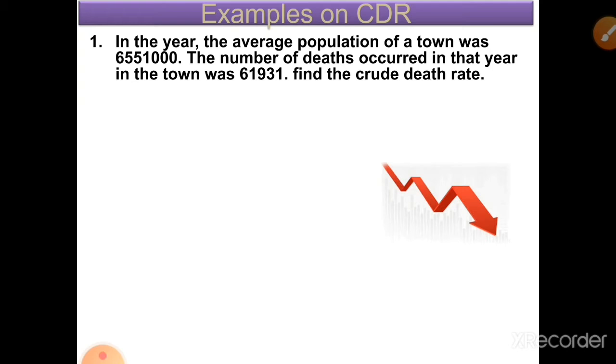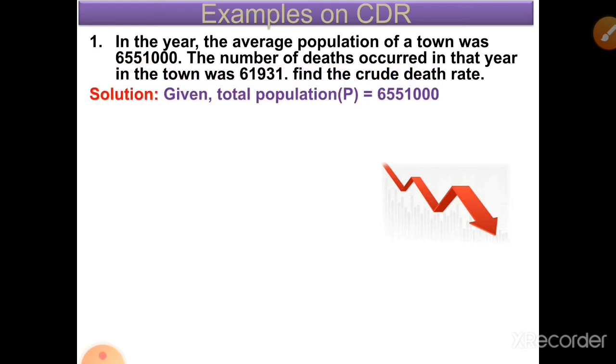Before solving the example, first you need to observe what is given and what you have to find out. In this question we need to find the CDR. For CDR we require total population and total deaths. Here total population is given and total deaths is given.